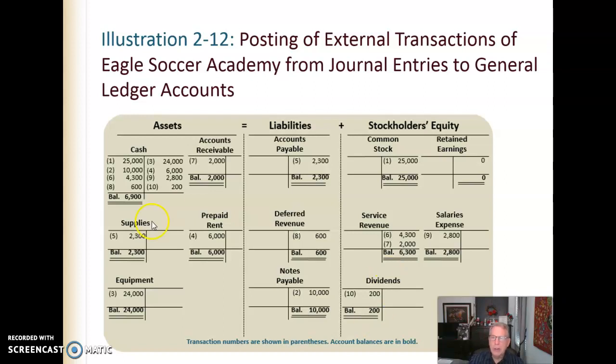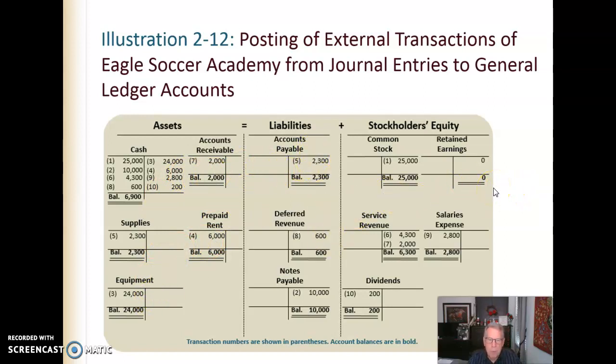Let's look at cash real quickly. You can see all our debit entries are over here on the left-hand side. All our credit entries are over here on the right-hand side. The debits are greater than the credits by $6,900. That's our ending cash balance. We do that for all of these accounts.